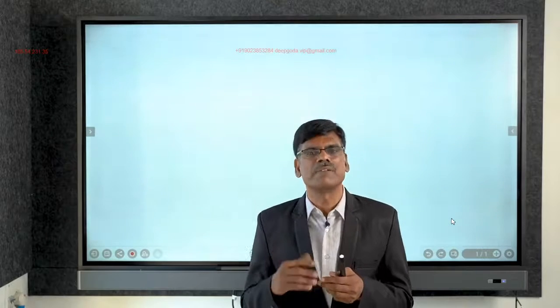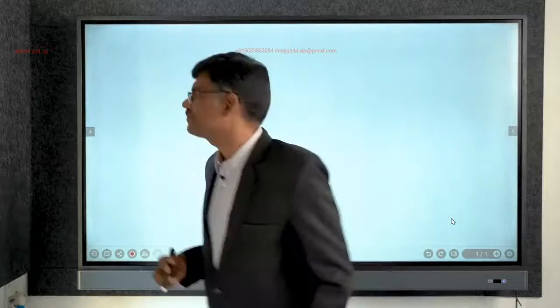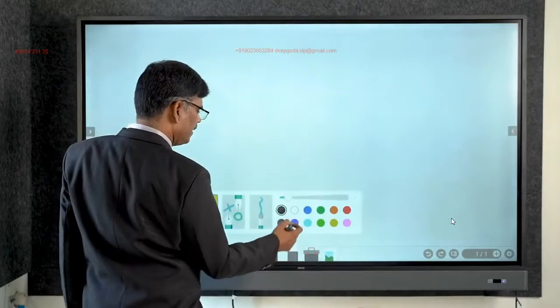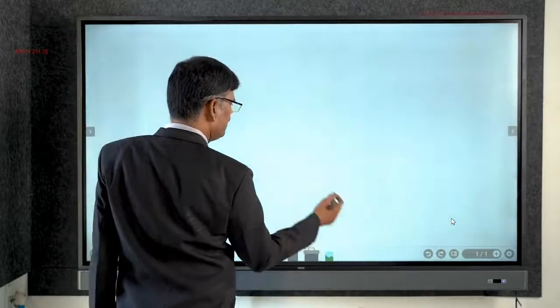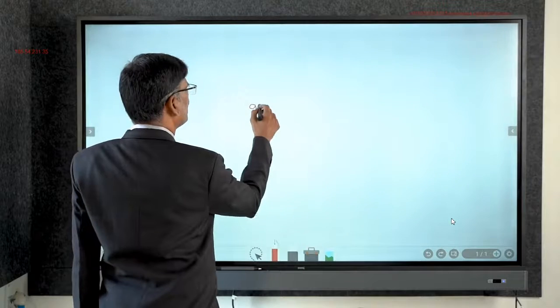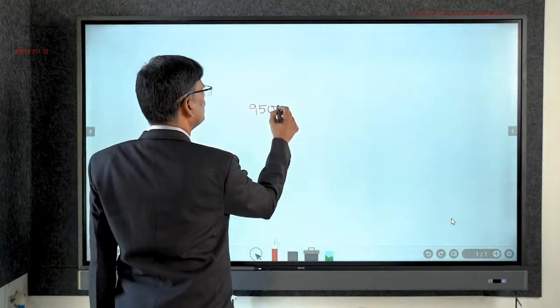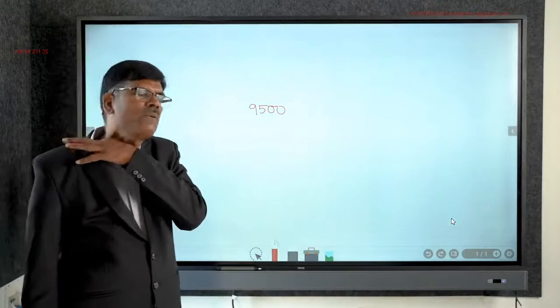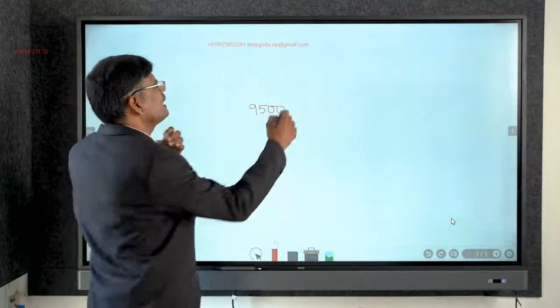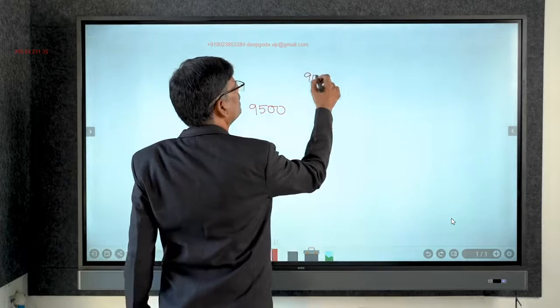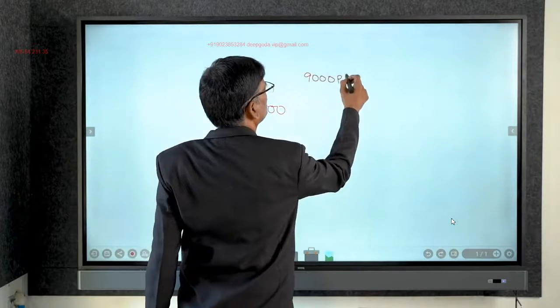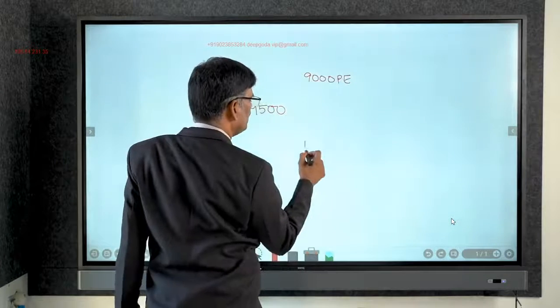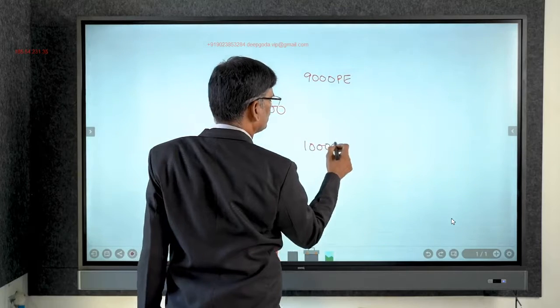So what modification can you do? Let us say the market is at 9,500. What people do is go and sell the 9,000 put option and the 10,000 call option.